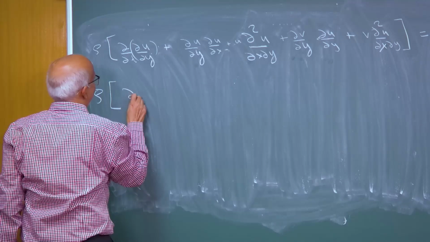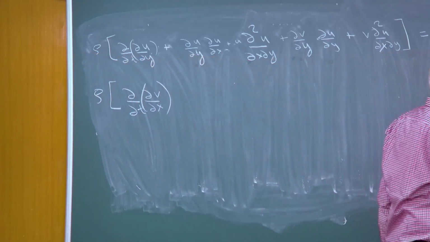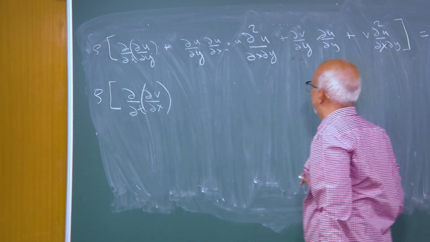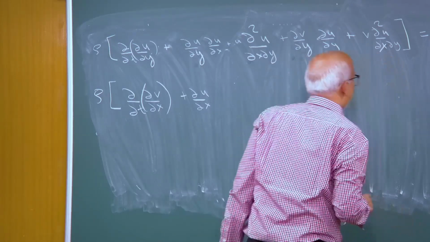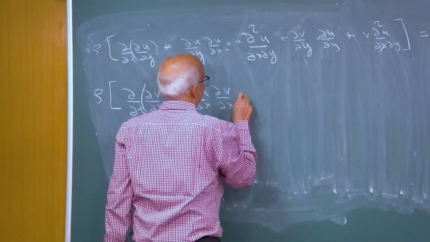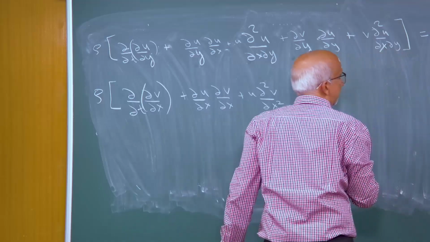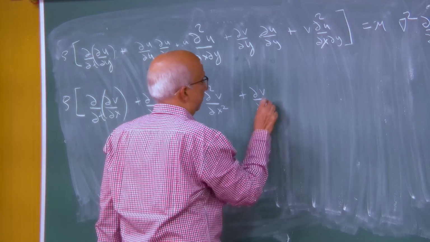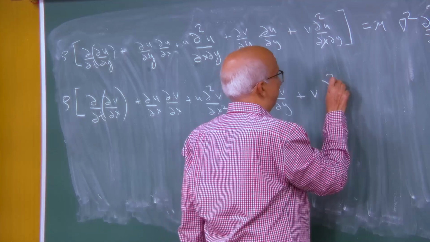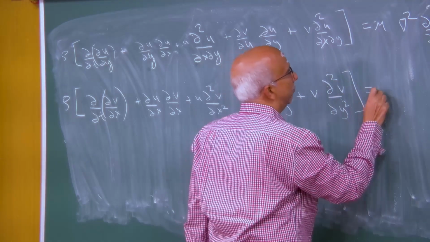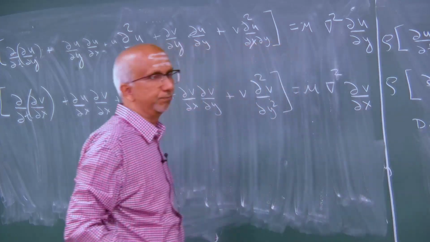Rho times d by dt of dv by dx plus du by dx dv by dx, okay, dy, okay.